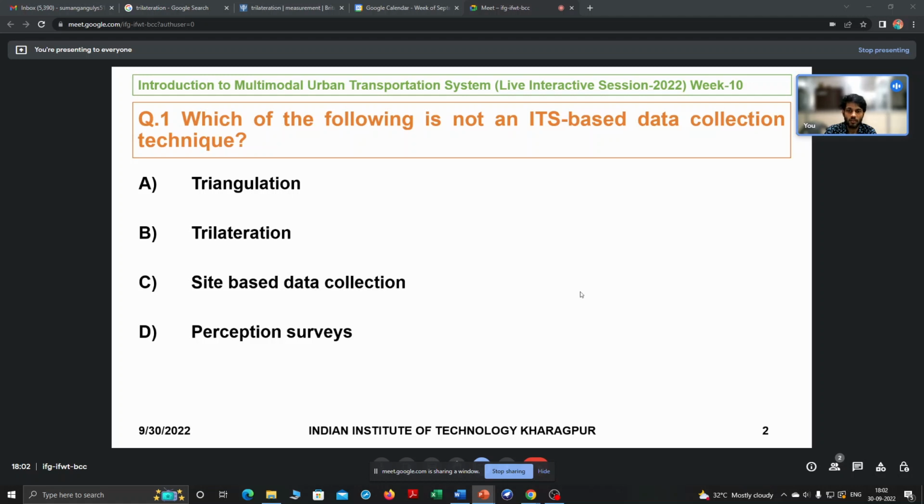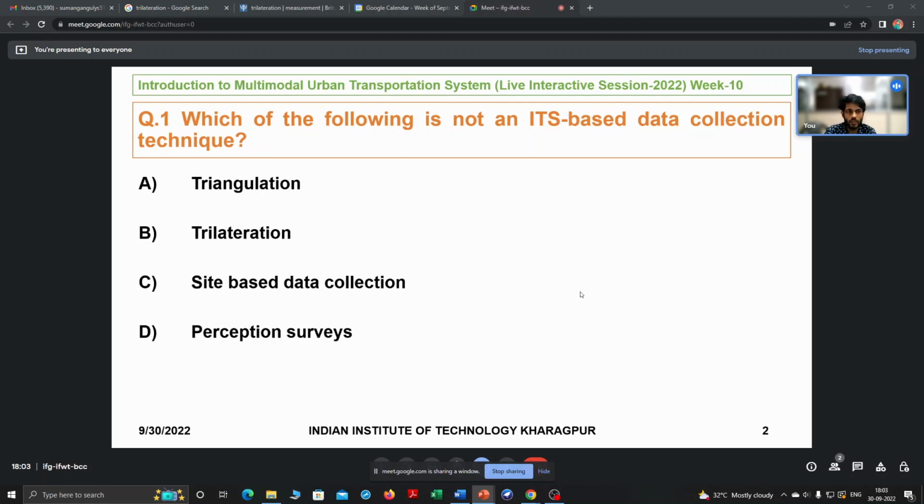As you have already gone through the course material and also seen the course lecture videos, this 10th week course material is almost entirely based on the intelligent transport system, its components, its architecture and so on, right?